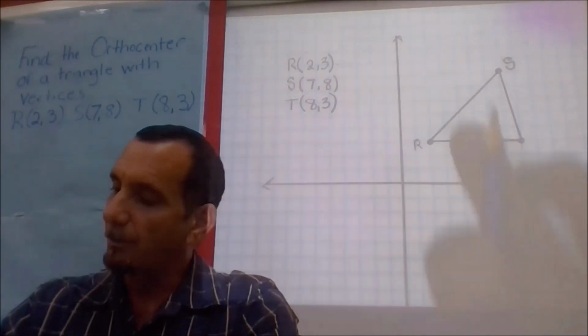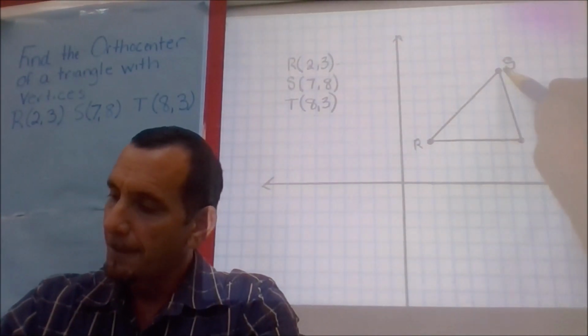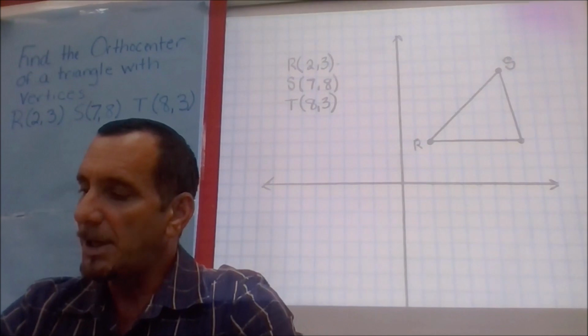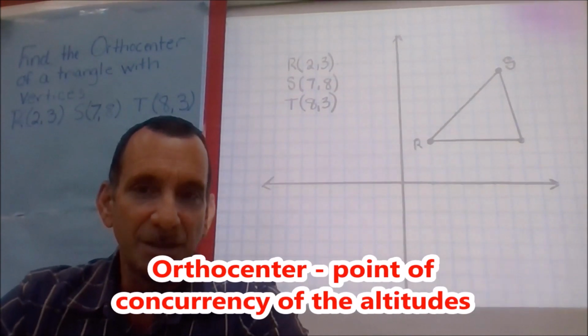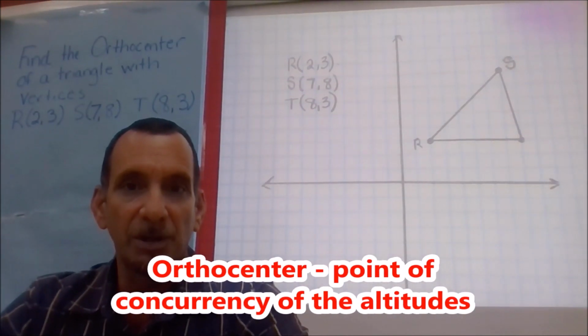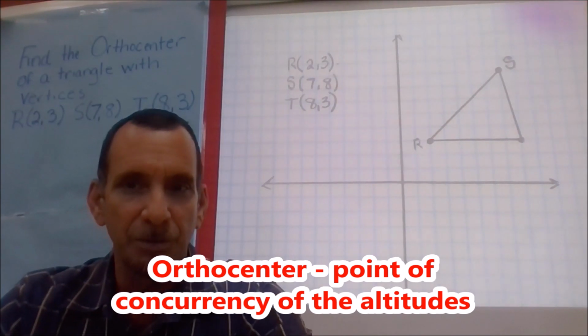Okay, so now we've got this triangle and we know that we want to find the orthocenter by finding the point of concurrency of the altitudes.